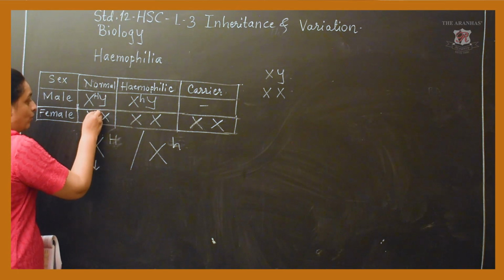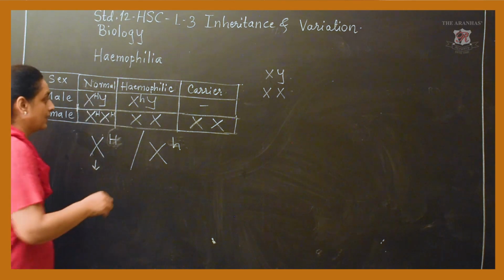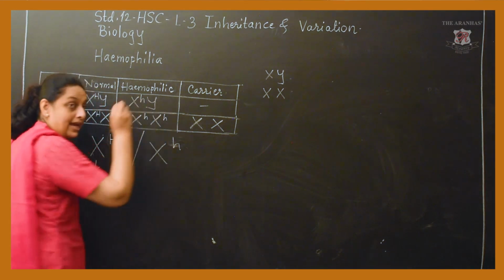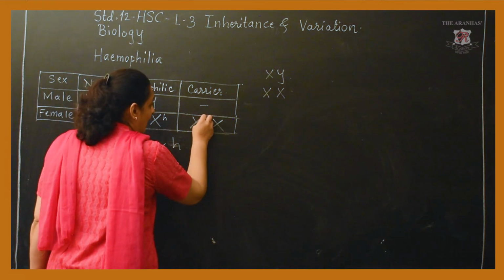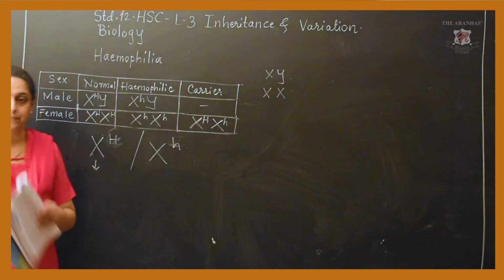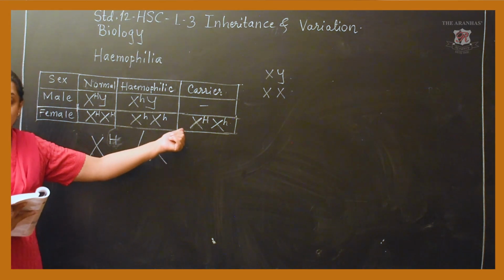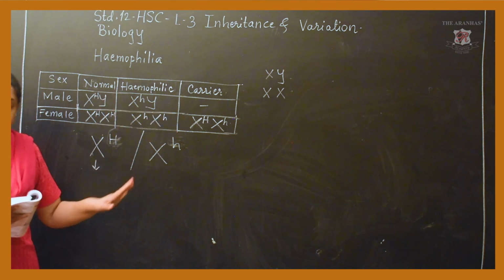Normal will have both genes normal, that is both capital H. Hemophilic means both small h, and carrier will have one normal and one hemophilic gene. Okay? So this is how various genotypes are written.